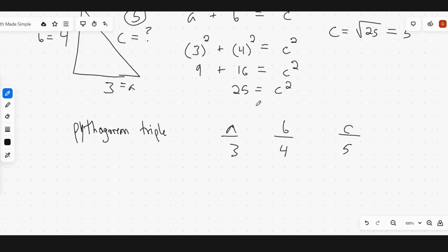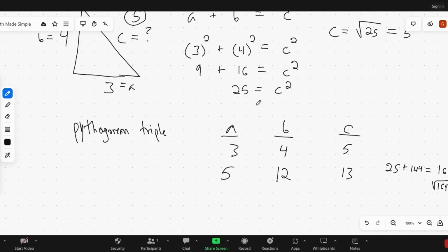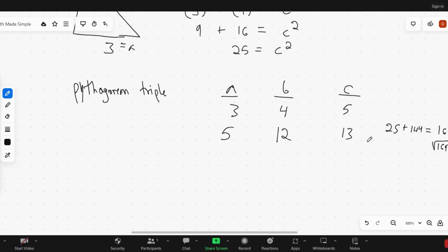Another really common one is 5, 12, and 13, where 5 squared is 25, plus 12 squared is 144, and that equals 169, and the square root of 169 is 13.